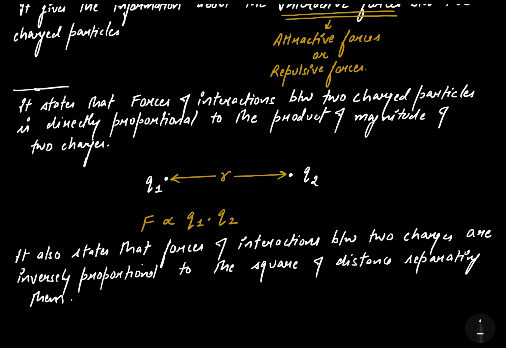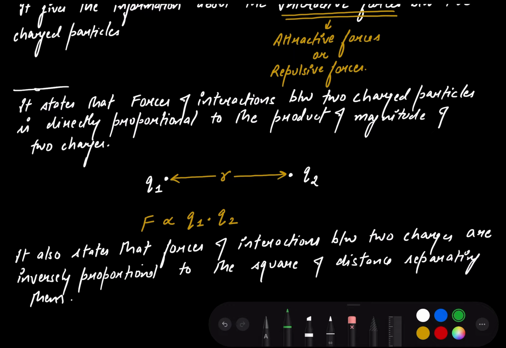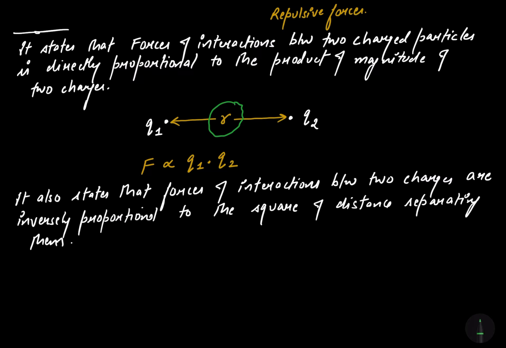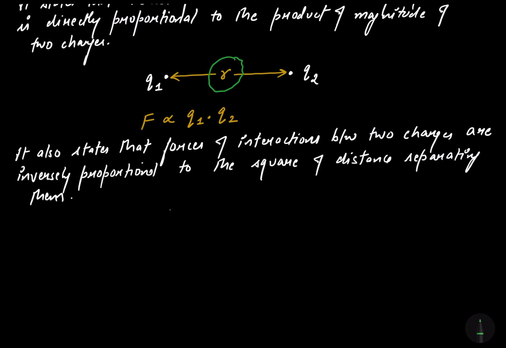So what's the distance which is separating them? It is this small r. So the interactive force is inversely proportional to the square of the distance separating them.